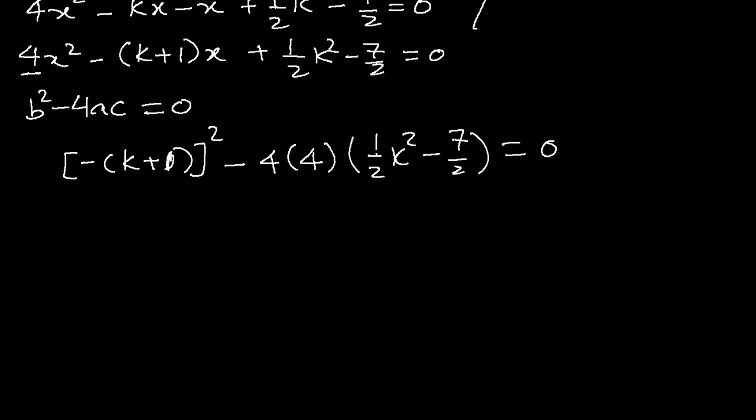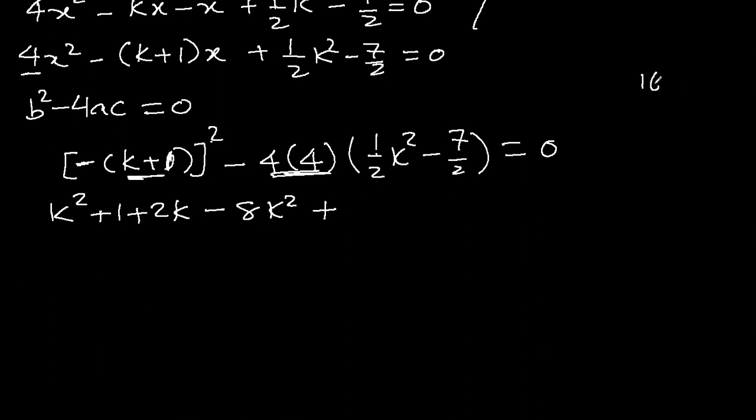A new quadratic equation will be formed. So let's square this. Because of this square, this minus will become positive. So we will just square k plus 1, which will be k square plus 1 plus 2k. Then we have minus 16 times half, which is 8k square. Then minus 16 times minus 7 over 2 plus.